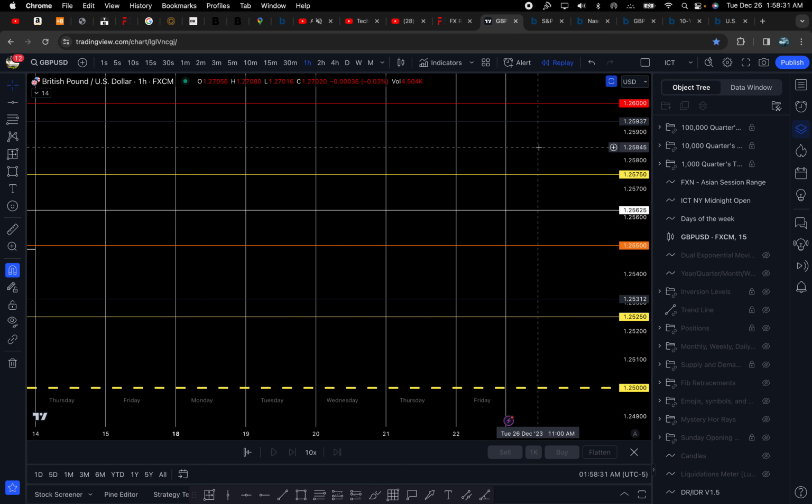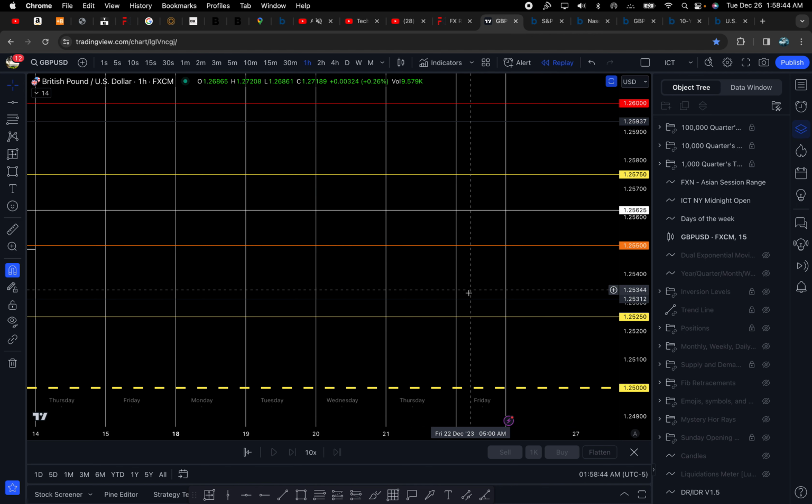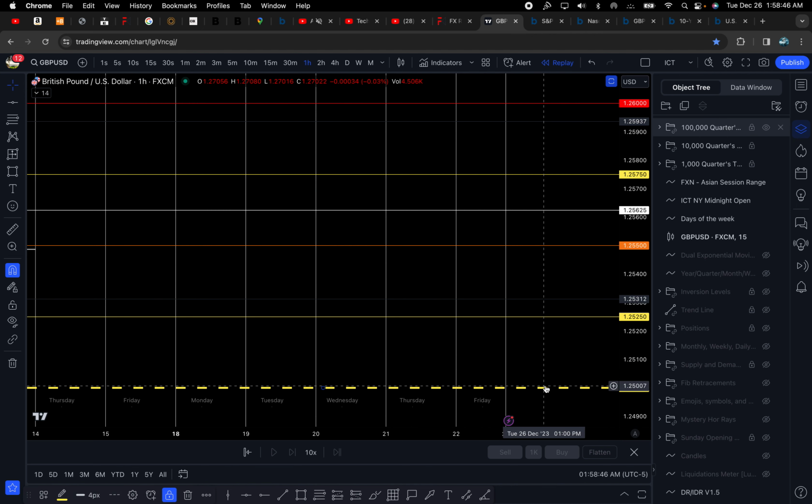Sometimes what I'll do is, in the past I would be on this chart, but then I improved my quarters theory drawing on the chart, in terms of having these larger quarters.